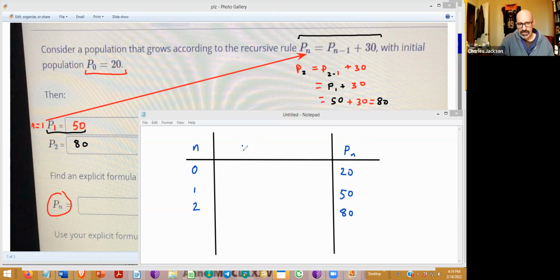Okay, that's the process. So how did we get those? Well, the first one was just 20, and that was given. Now that initial amount for the population, that's always going to be part of it.